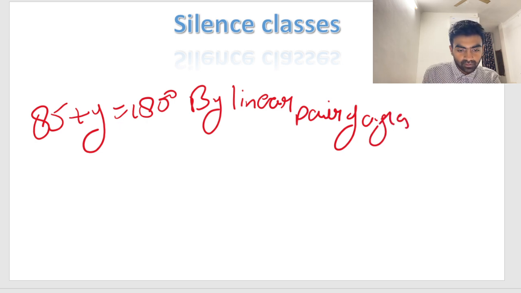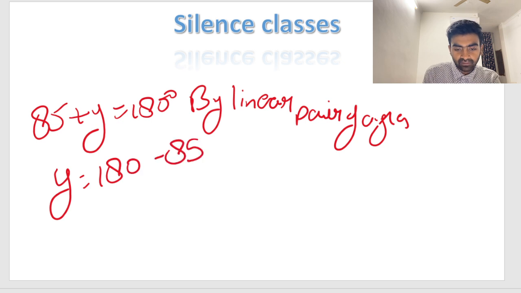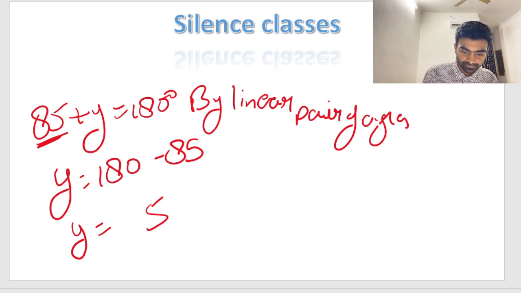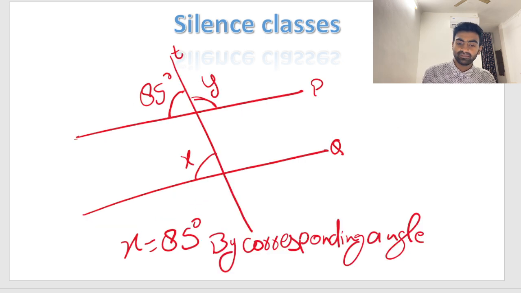So Y is equal to 180 minus 85, because we send it to the right hand side. 180 minus 85 is 95 degrees. Y is equal to 95 degrees.